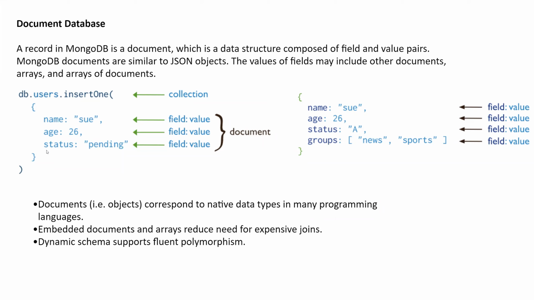The main point is that we have arrays and arrays of documents as well. So here we can have multiple documents, and inside the documents we have name, age, status.